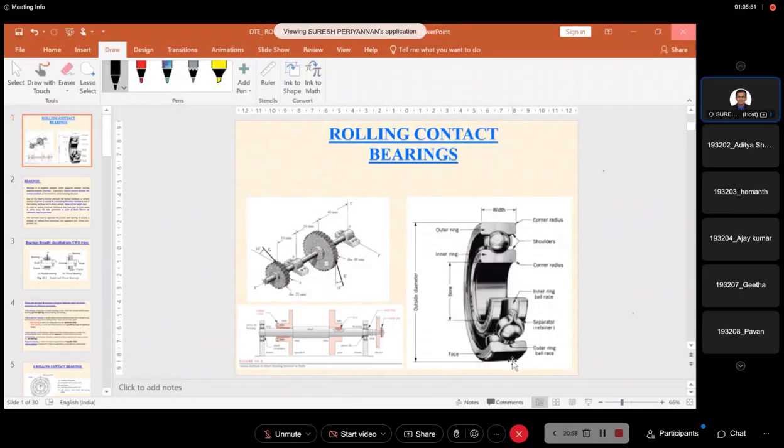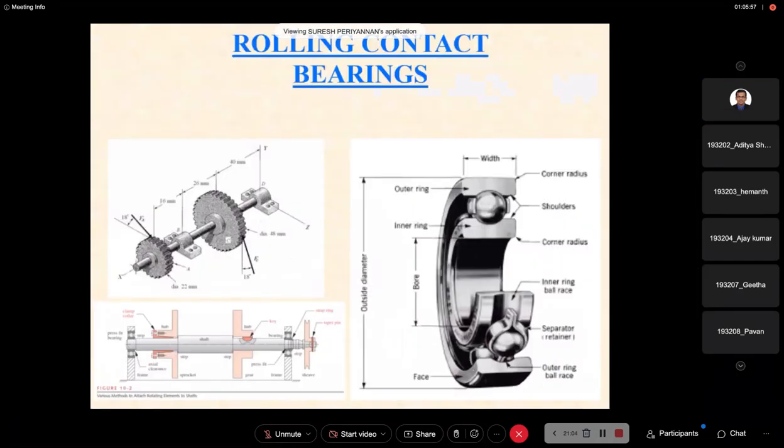Now, are you able to see my roller contact bearing slides? Are you able to see this slide? Yes, sir. We completed the sliding contact bearings.